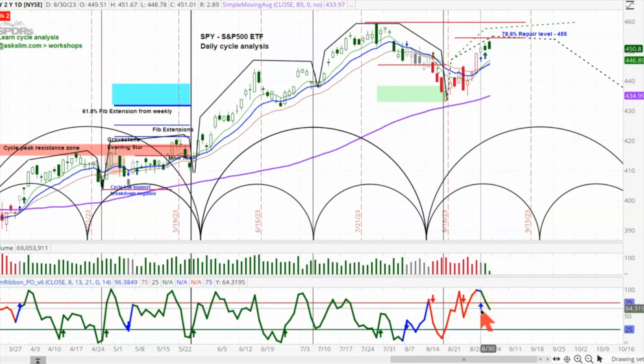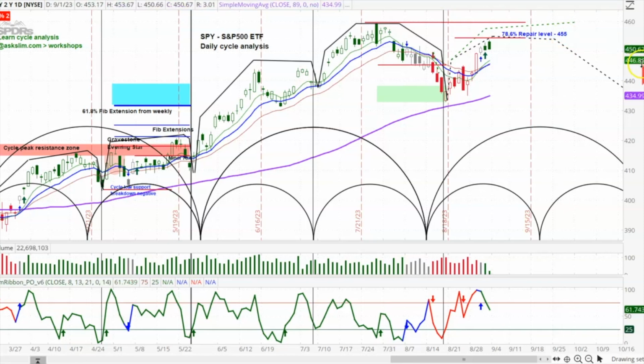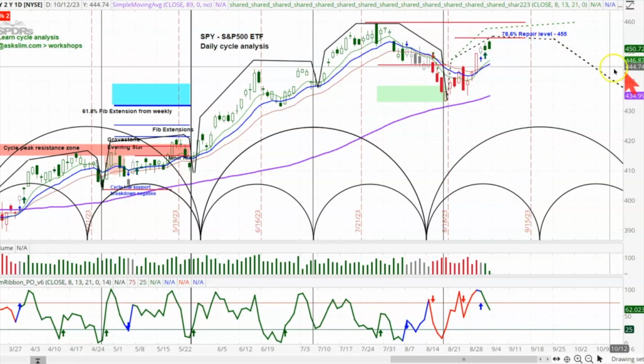That blue arrow right there is showing you the change that went on in the market. Now, this is the key level right over there, around 455 on the SPY, 4550 on the S&P 500. That represents the 78.6%.